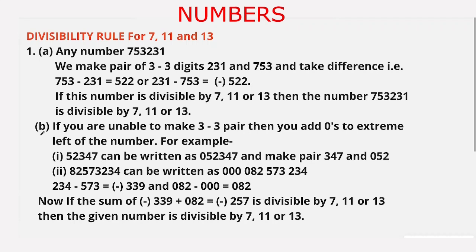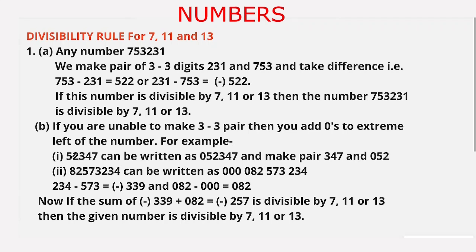We go to Part B to understand this difficulty. If you are unable to make 3-digit pairs, then you add zeros to the extreme left of the number.